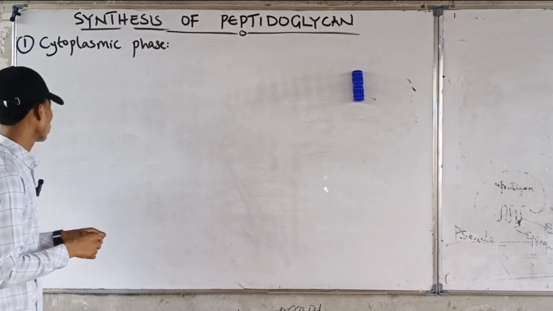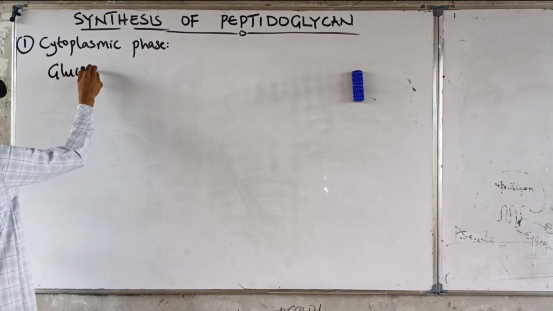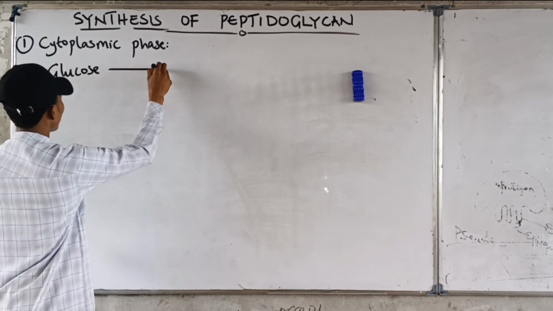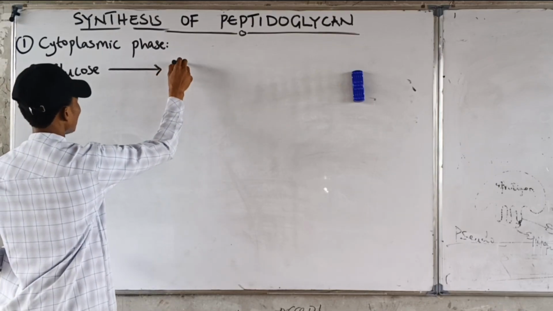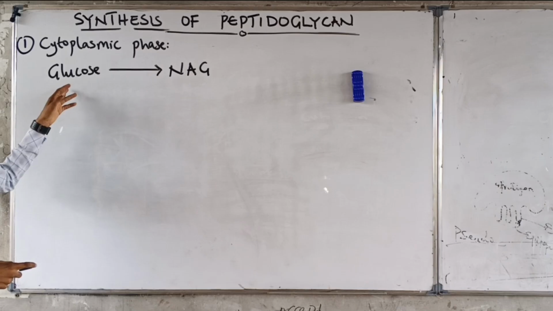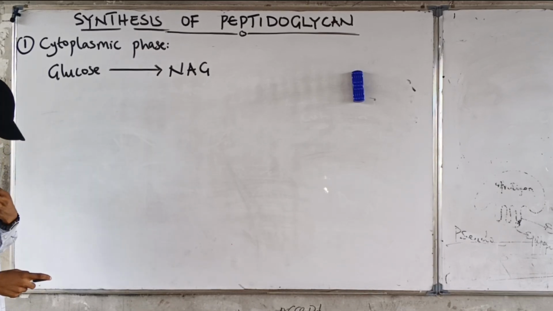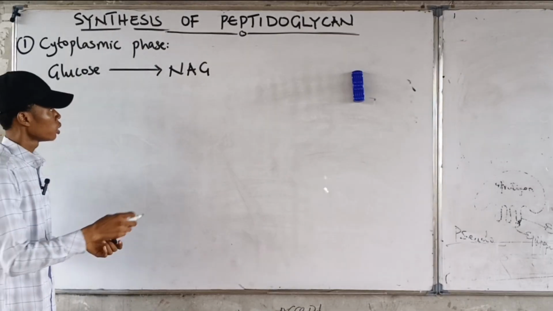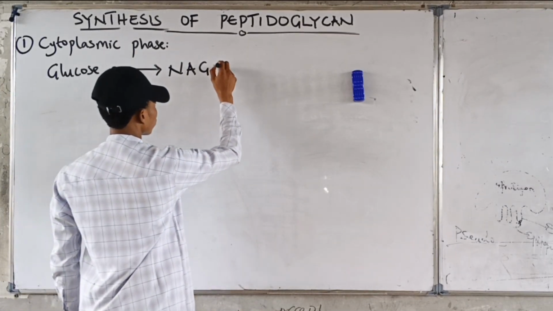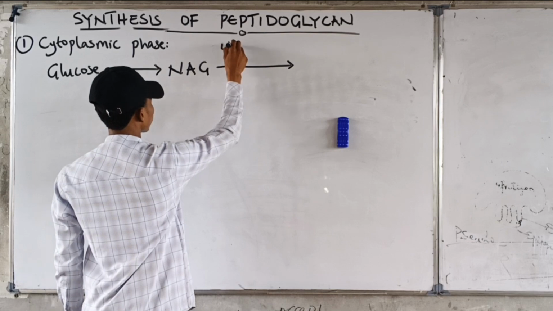The first thing, you start with glucose. From glucose, we can synthesize N-acetylglucosamine. Now, from N-acetylglucosamine, the next thing is UTP can come in.